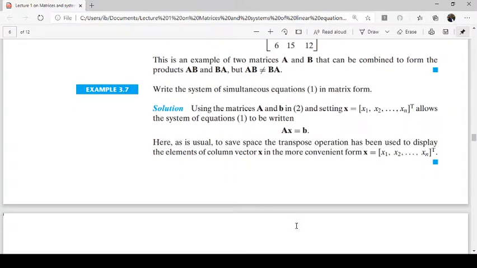Now I can go further to say that we can write a simultaneous equation in matrix form.